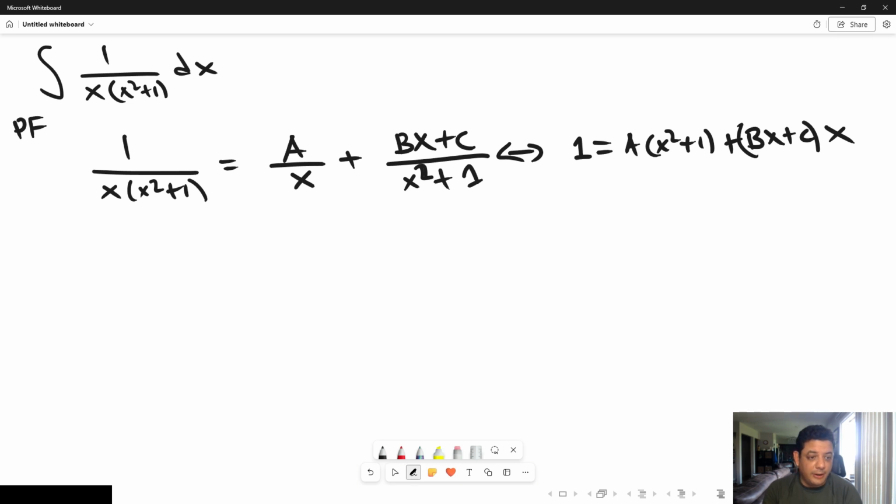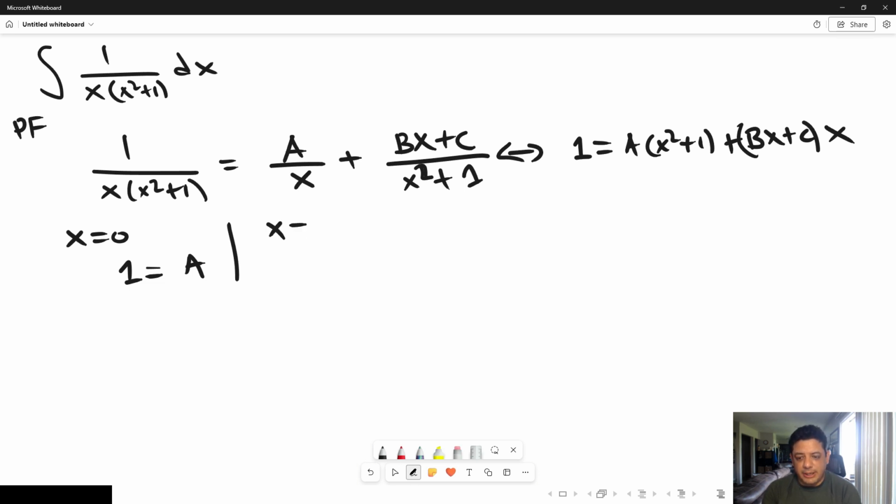And so we start by giving values that we know are going to give me an easy constant. So if x is equal to 0, notice that I get 1 equals a, and that's pretty much it, because this is 0 plus 1 is 1, and this goes to 0. So with that, I got a out of the way.